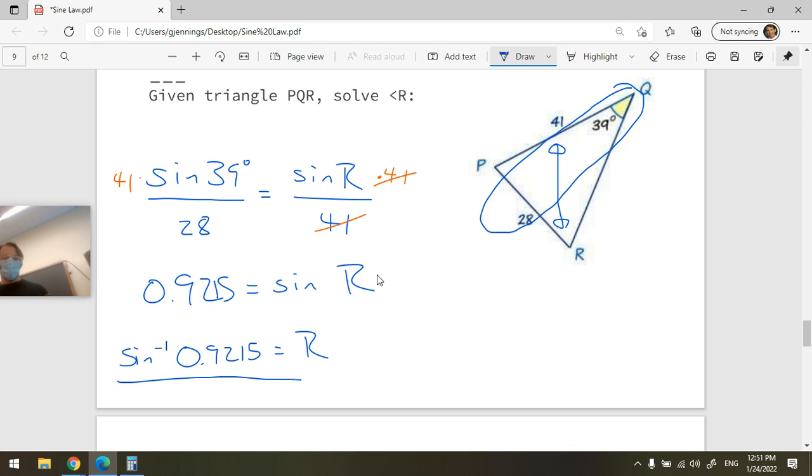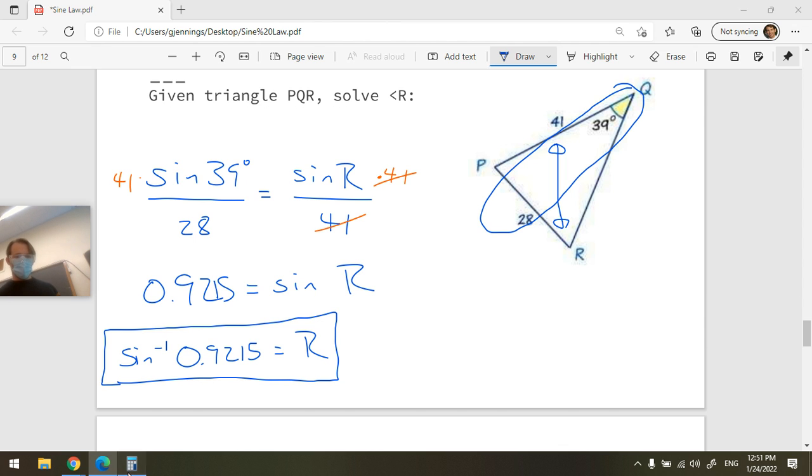This is what gets punched on my calculator. What that is saying is, given that this angle r has a sine equal to that, find me angle r. And where do you find this sine inverse? It's usually the second function of your sine button on your calculator.